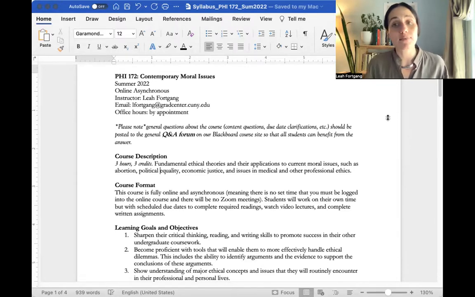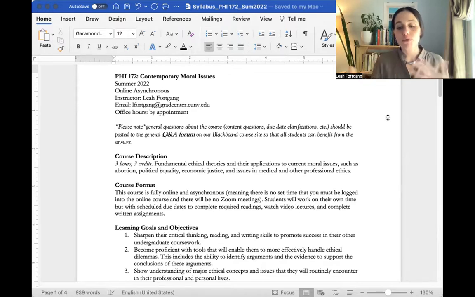And we're going to be learning about those principles, how to employ that kind of reasoning, by focusing on particular moral issues. So we're going to be talking about abortion. We're going to be talking about political equality, economic justice, and issues in medical ethics, in particular euthanasia.